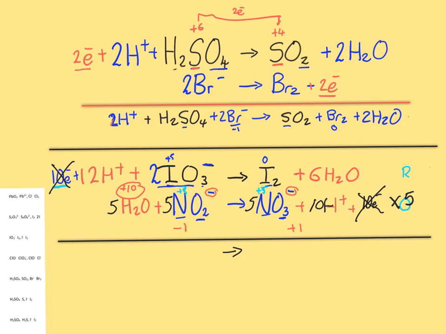So on this side we have got 12 H+, so we have 12 hydrogen ions, and we also have from the top 2 lots of iodate ions, 2 IO3 minus ions. We now need to bring down these, so that's 5 H2Os and 5 NO2 minuses.